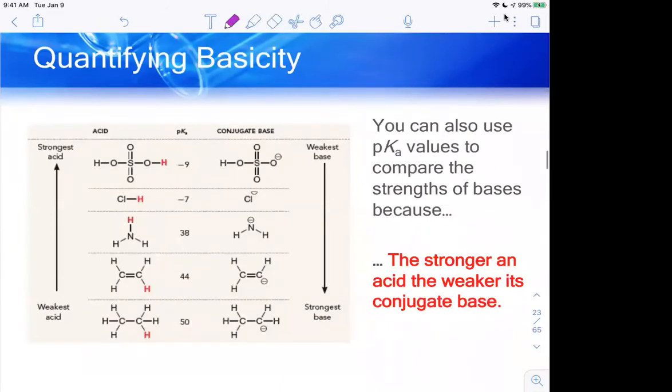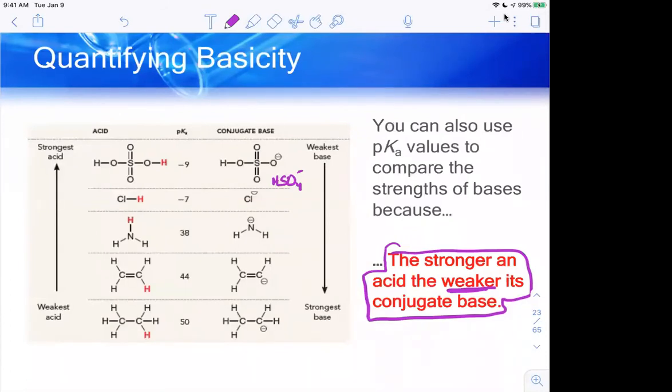I can also quantify basicity, and I can use pKa values for the acid to compare the strength of the conjugate bases. That's because of this principle right here: the stronger an acid, the weaker its conjugate base. So H2SO4, which is an extremely strong acid with a pKa of -9, has a conjugate base, HSO4 minus, the bisulfate, that is a very weak base.